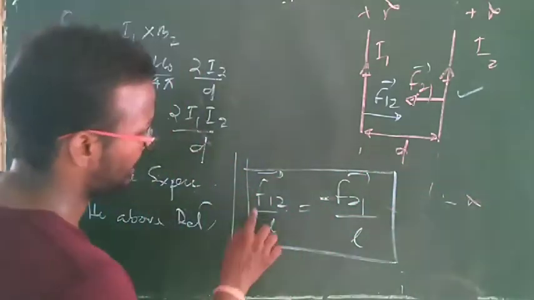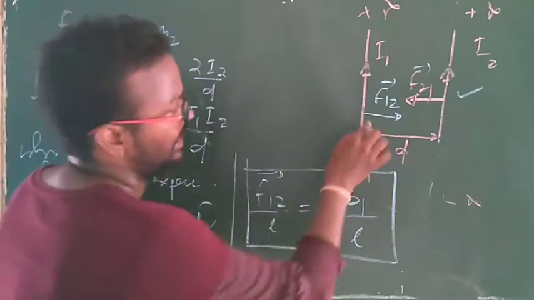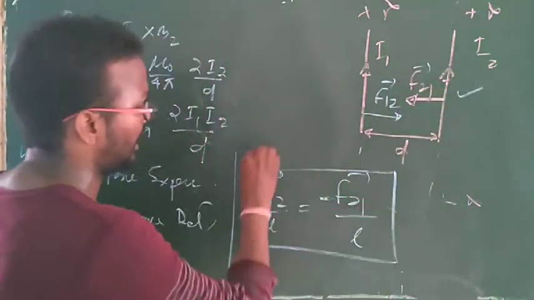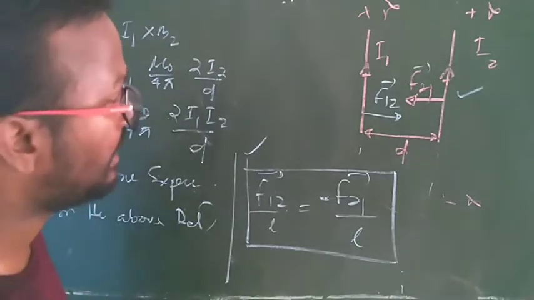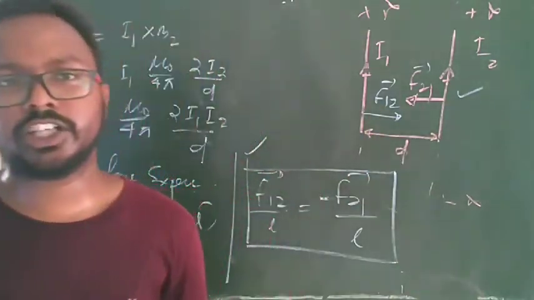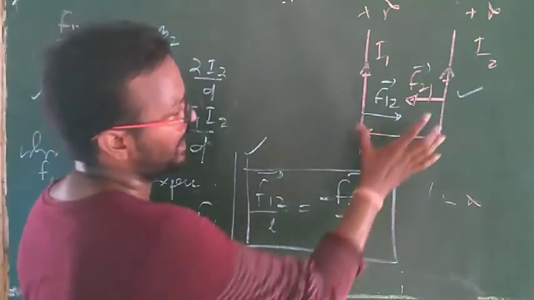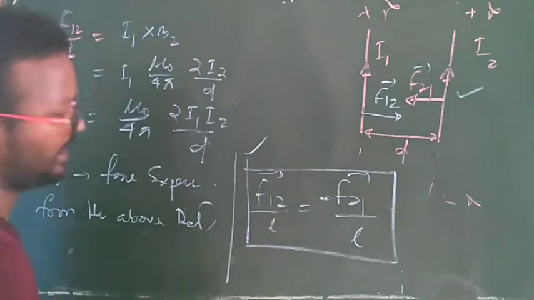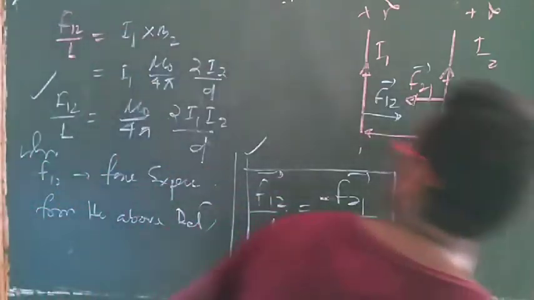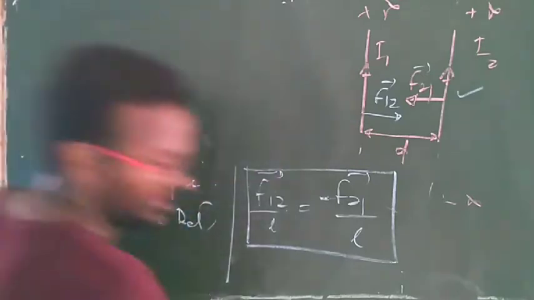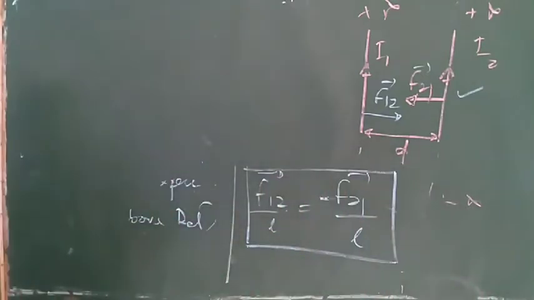Clear? So this is F12 by L in this direction, and F21 in this direction. This is all about the force experienced by two infinitely long straight conductors if they are parallel to each other. The force per unit length, in magnitude, is equal for both.